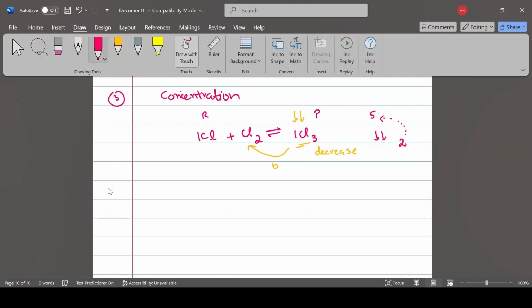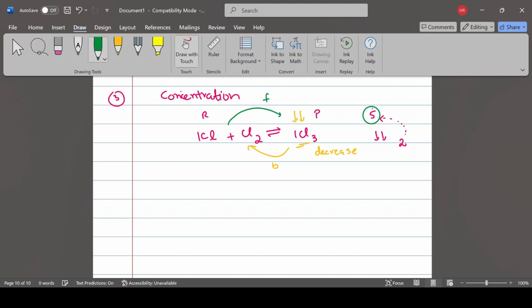And now how is it going to increase the concentration back? It's going to favor the forward reaction. So more and more of ICl and Cl2 can react with one another and form ICl3, so the concentration can increase back to 5. Right?